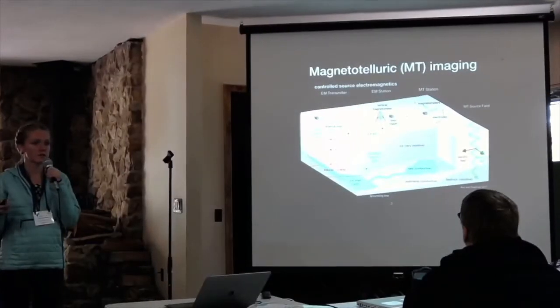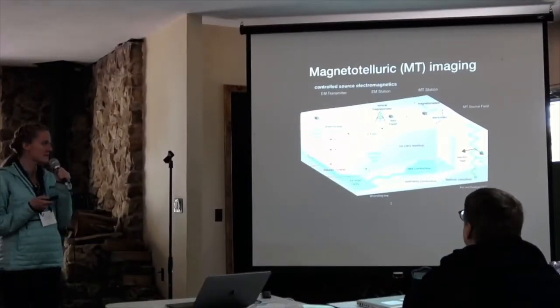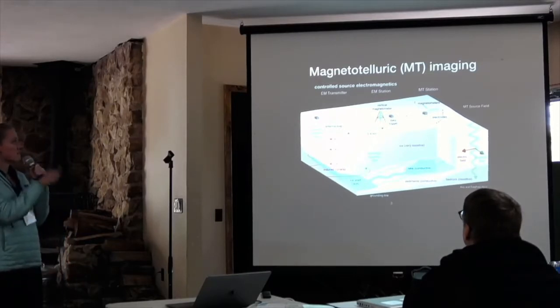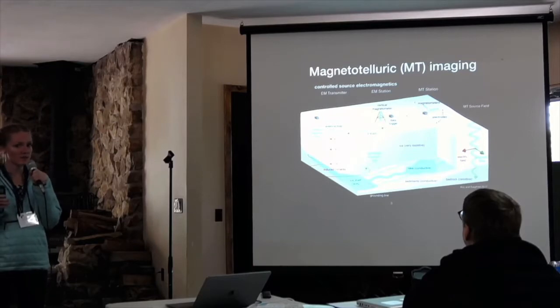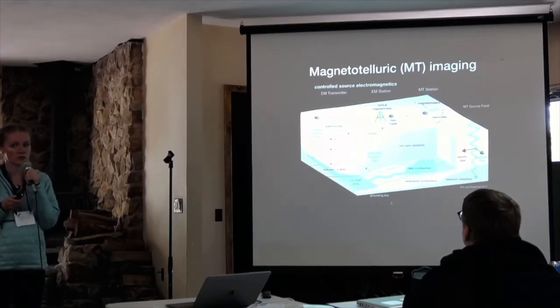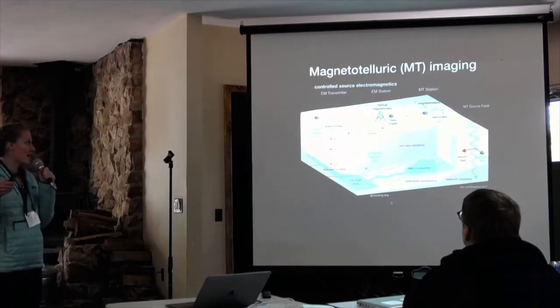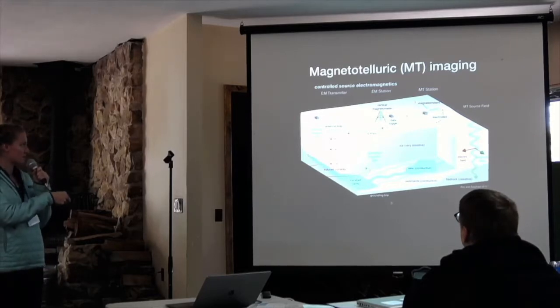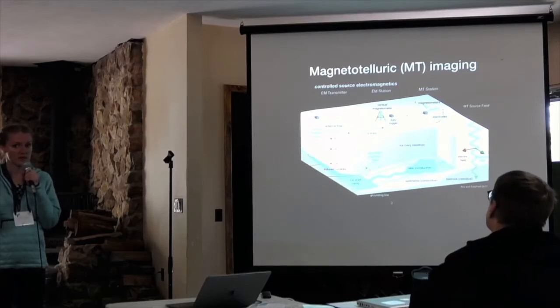And to do this, I use magnetotelluric methods. This is an electromagnetic method. And this schematic shows two different types of electromagnetic methods. On the left, I have what I call controlled source electromagnetic methods. Basically, we put a large loop of wire on the ground, and this loop generates an electromagnetic field which penetrates through the ice and induces secondary fields in the subsurface based on conductivity variations.